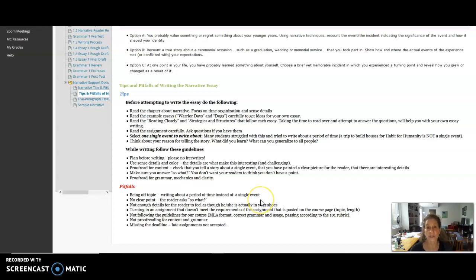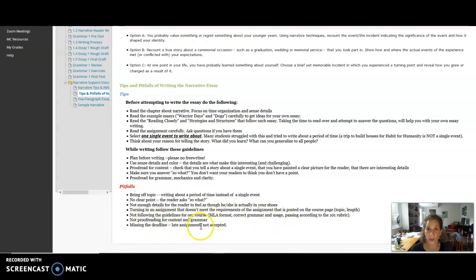Turning in an assignment that does not meet the requirements of the assignment, so make sure that you read the assignment carefully and you understand all of the requirements. Not following the guidelines, so MLA format, correct grammar and usage, and passing according to the 101 rubric, which I have already posted. Not proofreading is a big problem.